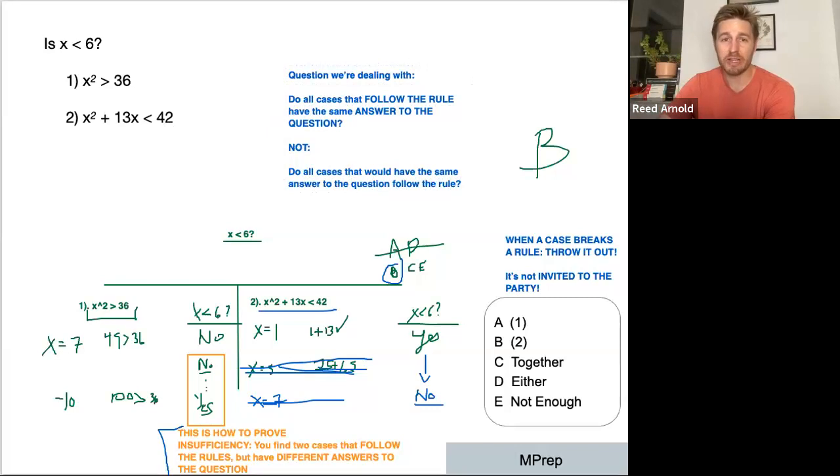If a case breaks a rule, it just doesn't get invited to the party. We want to know, of the cases that are invited to the party, what possible answers are there in those cases? So 1 is invited to the party because 1 squared plus 13, yeah, that's less than 42.